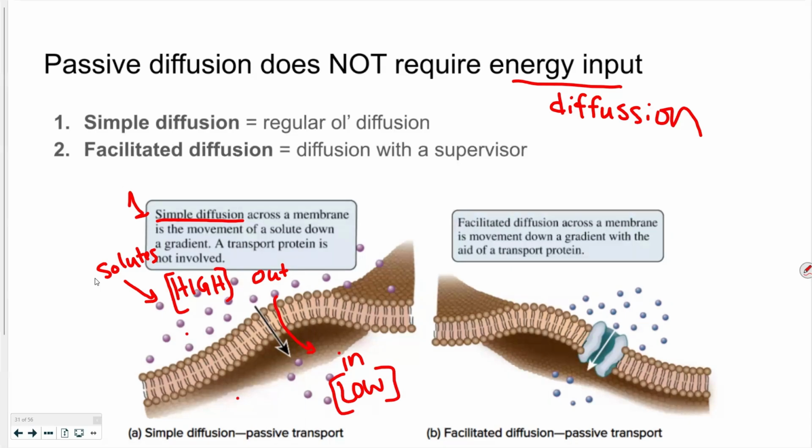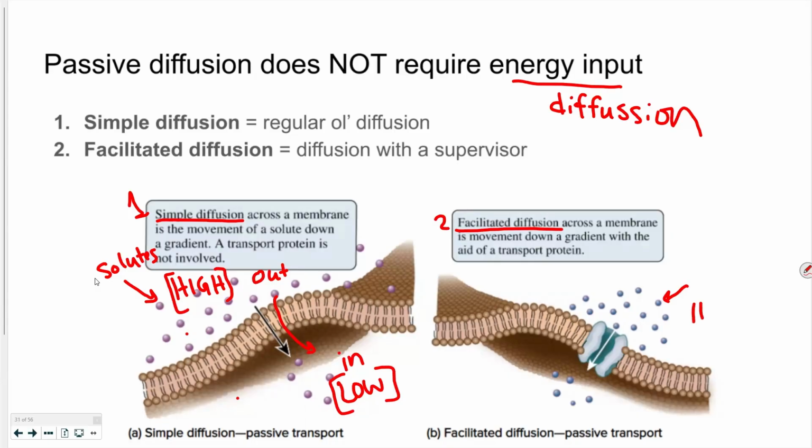All right, let's talk about facilitated diffusion. This is our second type of passive diffusion. This is where we're going to see movement of solutes. This time we're going to talk about a little blue solute that's moving down its concentration gradient.